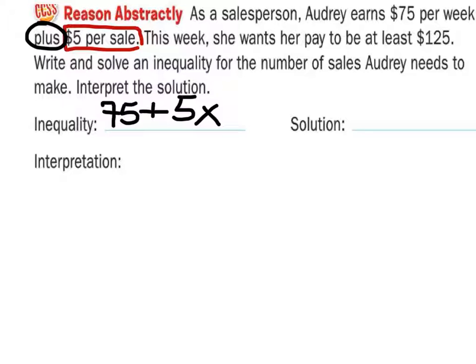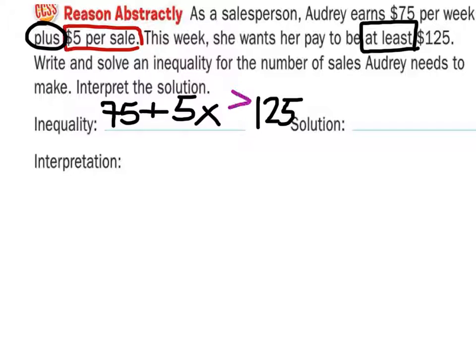This week she wants her pay to be at least 125. So we have 125 here. What we need to know is what goes in the middle so that she makes at least 125. Is it equals? Less than? Greater than? Less than or equal to? Or greater than or equal to? Luke. Very good.